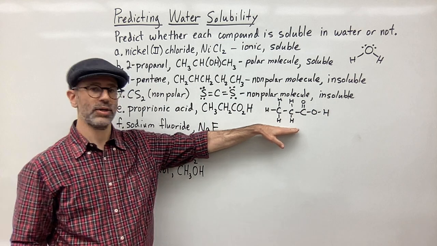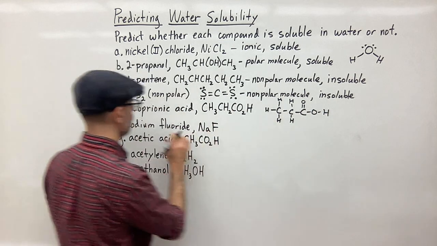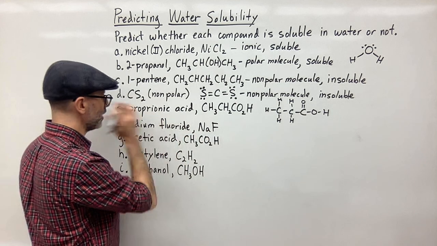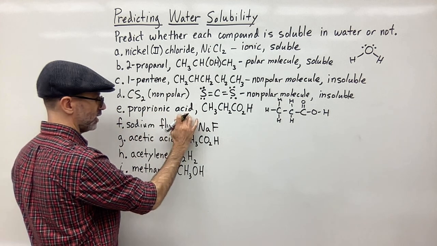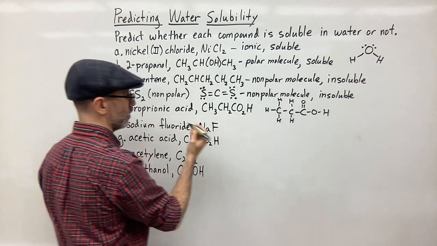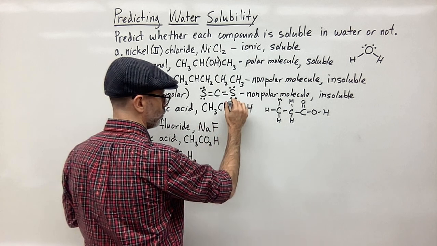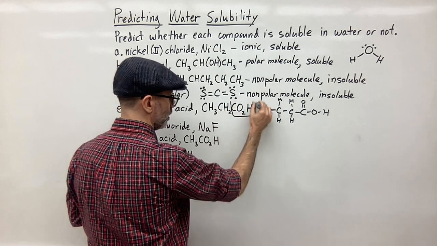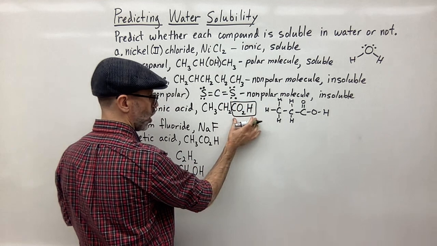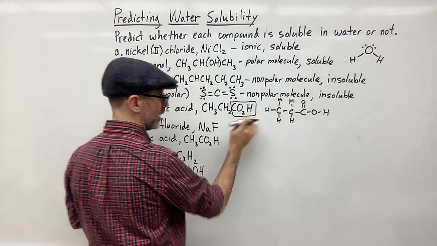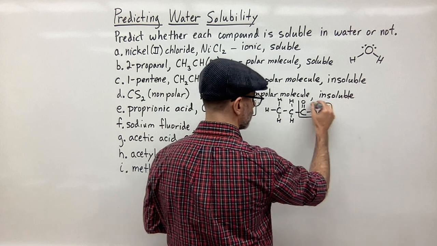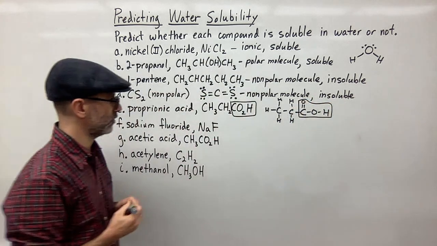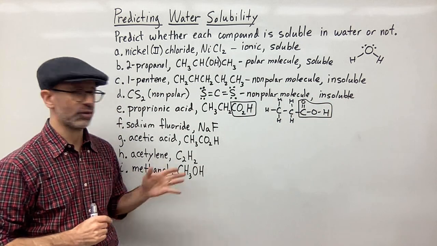So right away, you can see that anytime you have this "ic acid" kind of ending, that tells you you have a carboxylic acid. So that would be this group here. So anytime you have a COOH or CO2H or something that looks like this, that indicates that you have what is called a carboxylic acid.